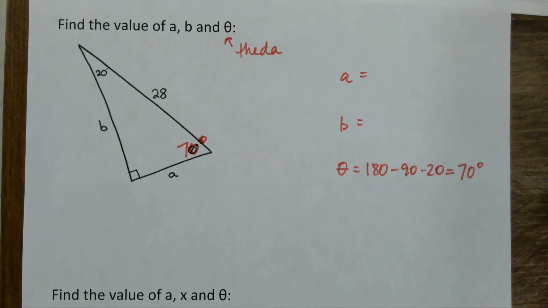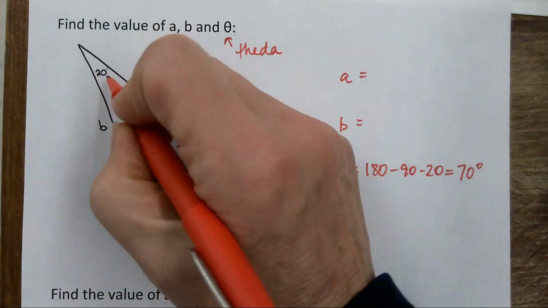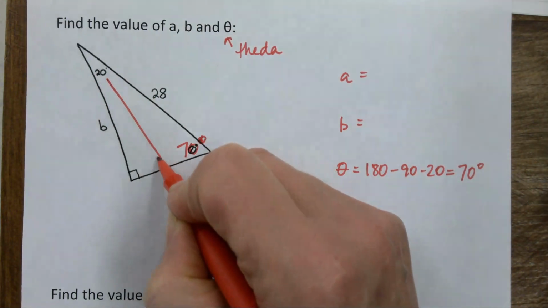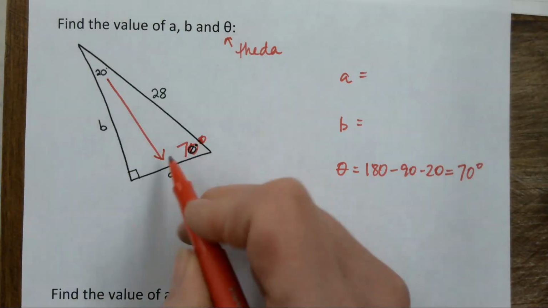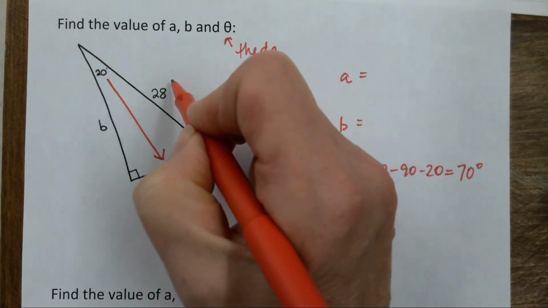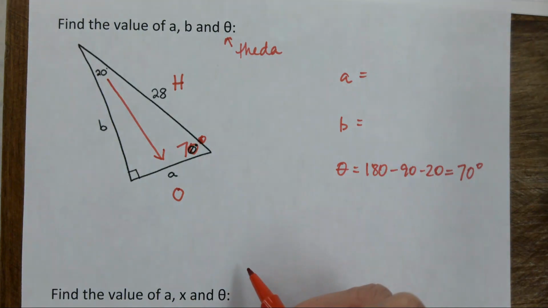So I'm going to start with the angle that was given. That one's marked in here. So I'll go across from 20, that's the opposite. The hypotenuse is across from the right angle. The missing one is the adjacent. I want to start by finding A. A is the opposite.